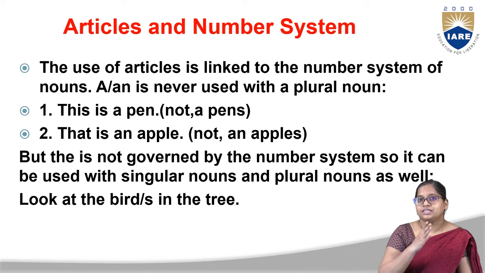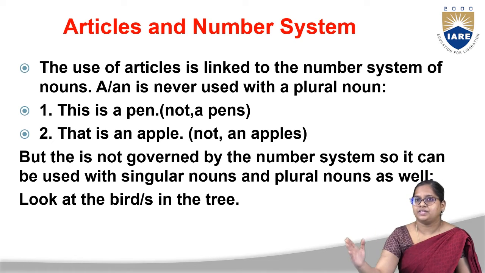For example, this is a pen. If it is singular, you say a pen, or if it is plural, there are pens. But you don't say, this is a pens. You say this is a pen. So pen is singular and you use the indefinite article a.